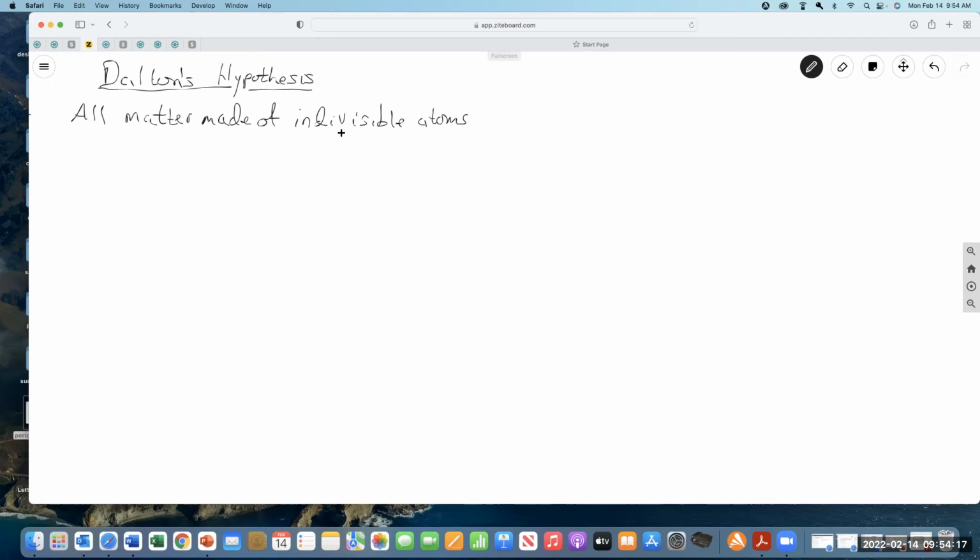The word indivisible, what does that word mean? Does that mean you can't break it up? Right, that's right. Another way of saying this, this isn't really Dalton, but I'm going to: the smallest piece of an element is an atom.